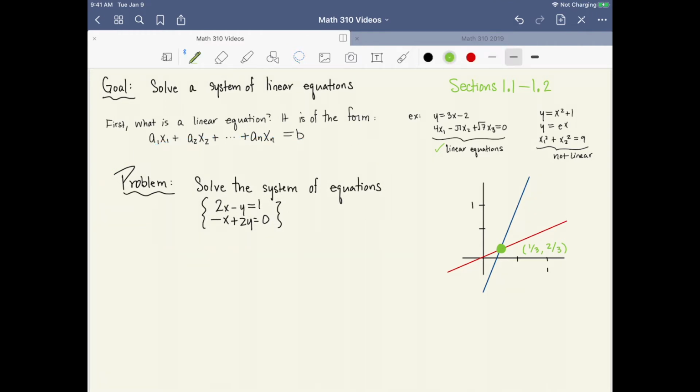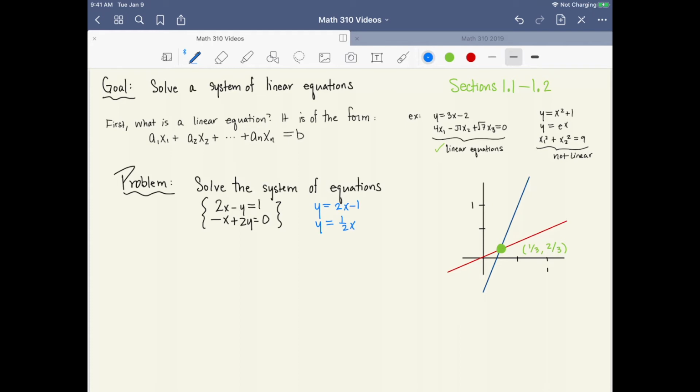So these are both equations of a line. I can write them in the form y equals mx plus b by writing y is equal to, let's see, 2x minus 1, and y is equal to 1/2 x.